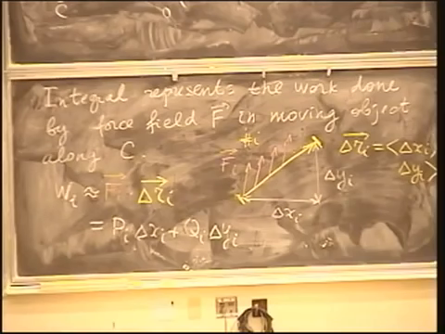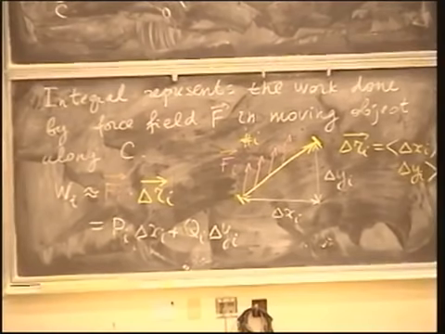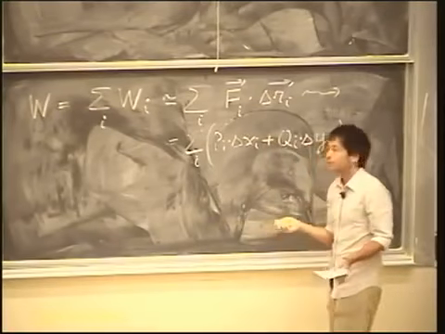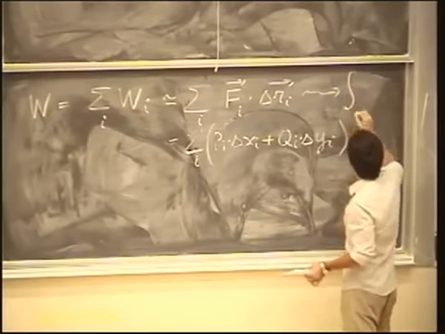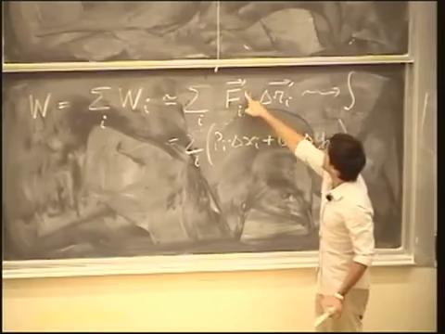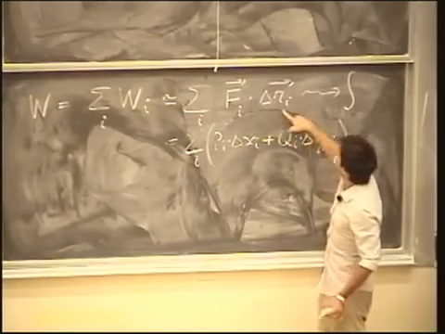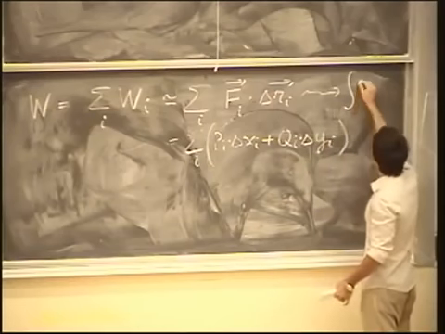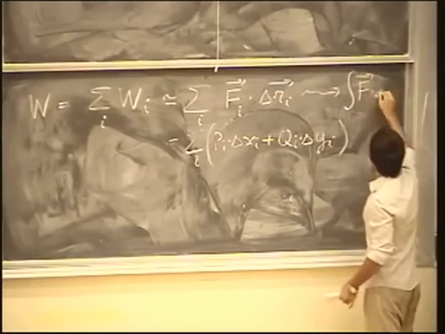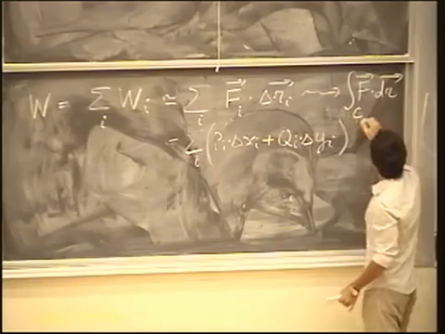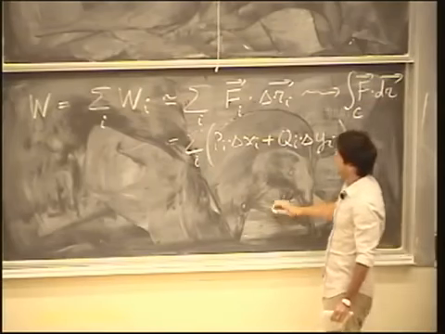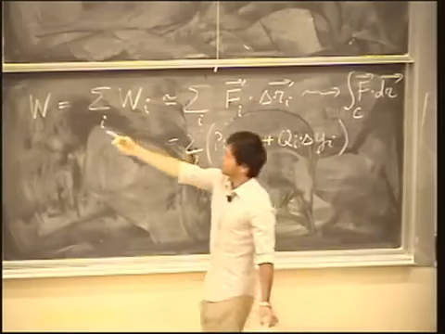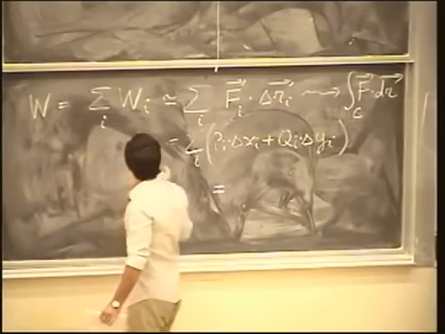So, as always with integrals, this sum, as the partition becomes finer, tends to what we call the integral. So that's how we end up with this integral. And what integral? Well, it will have f dot what we call dr. So delta r under this limit becomes a differential dr. So we get the integral of f dot dr. That's this line integral which we are talking about now, precisely, as a total work done along the curve.